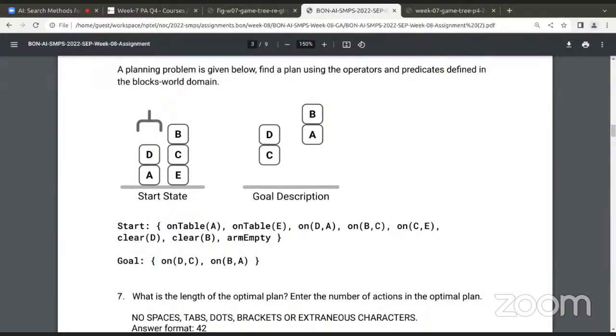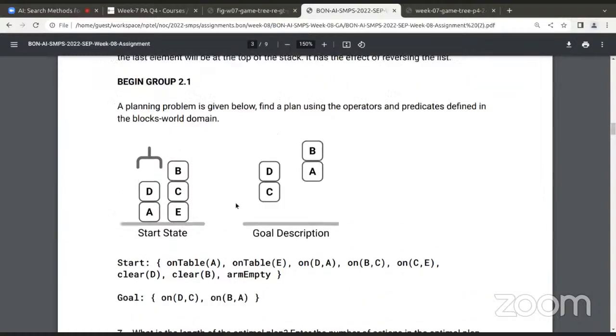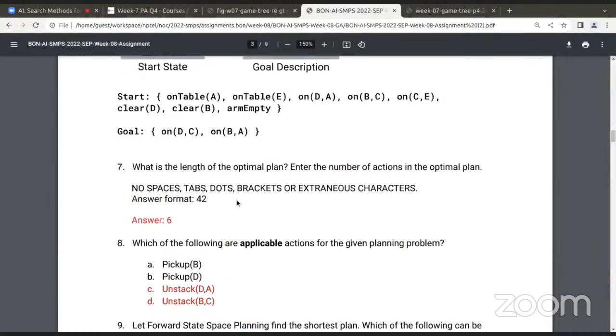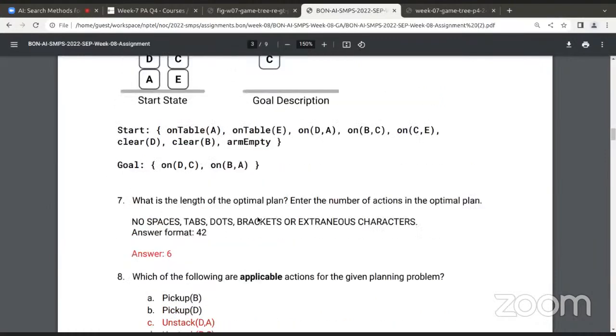In one case it would, in another case it would not. So what is the optimal plan for this problem? What is the minimum number of steps needed? We said 6, right? What are those steps? Let's see.